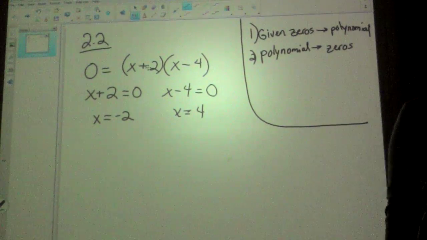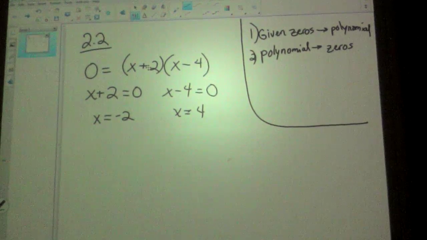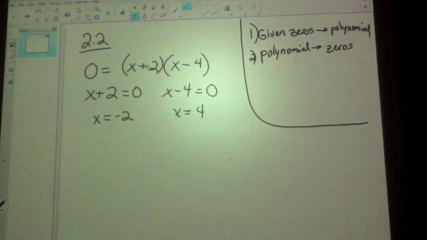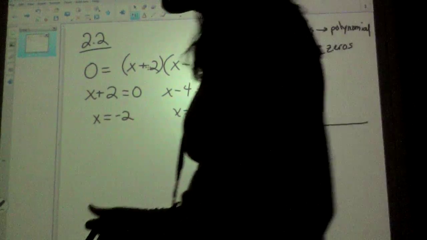Okay, and we will probably factor to find the zeros in the second task. Okay, first we're going to start off with given the zeros, let's find the polynomial.